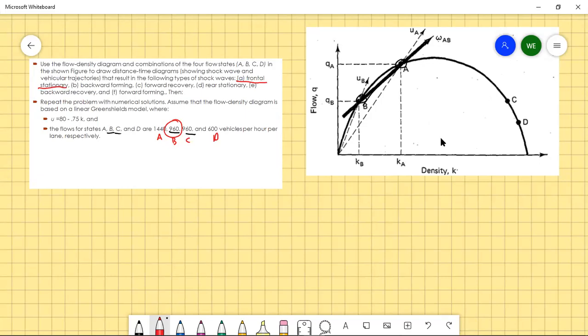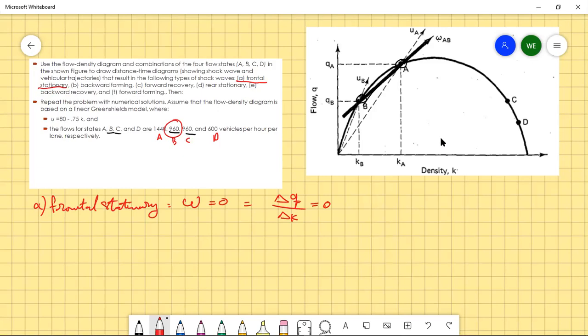In order for a frontal stationary, omega will equal 0. The speed is 0. So that means delta Q over delta K must equal 0.